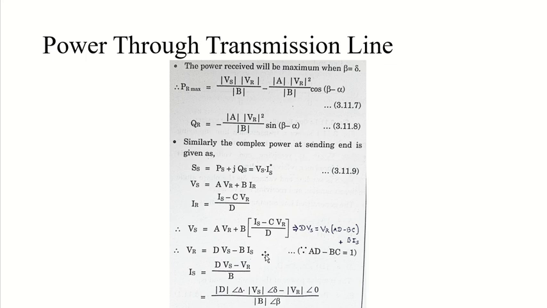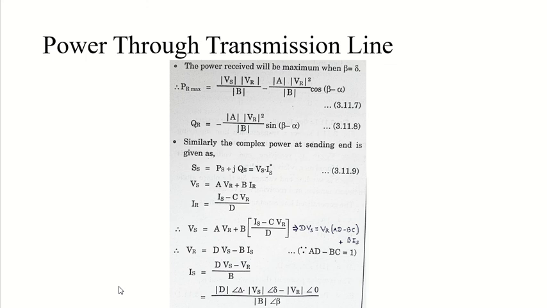Now in this formula, when we make Is the subject, we will have D into Vs minus VR, divided by B. So that will be your sending end current. Now let's represent it in polar form.